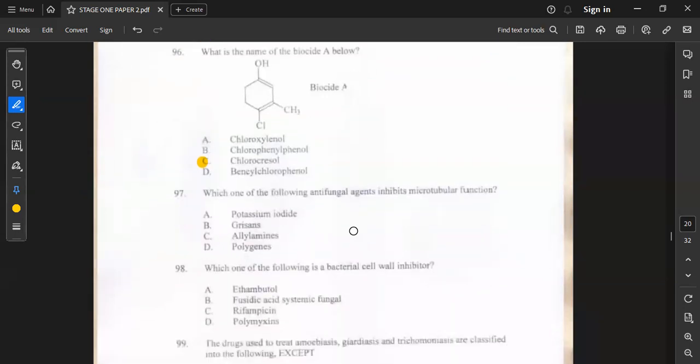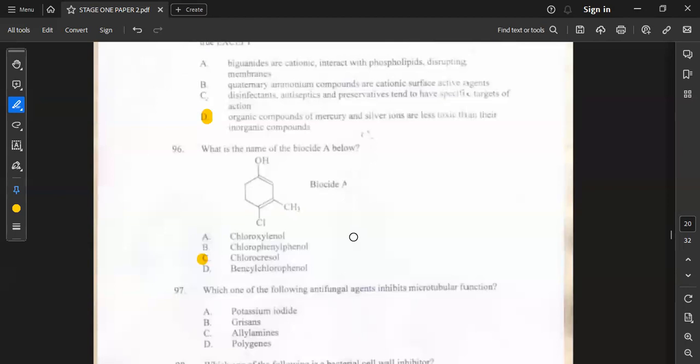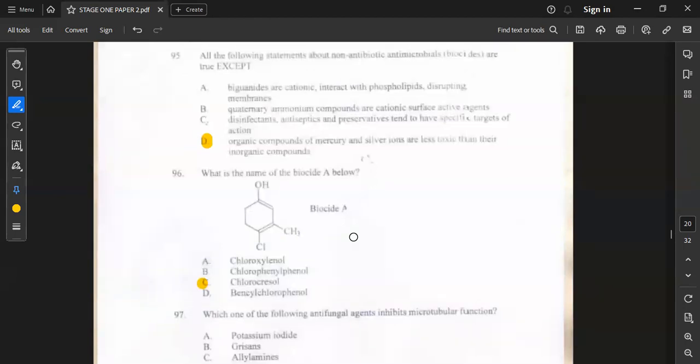I think I wanted to say something, but it was for the previous question. I found a nice document. I'll send it in the group. It's a summary of the surfactants, the surface active agents.